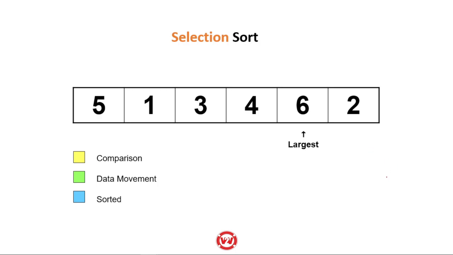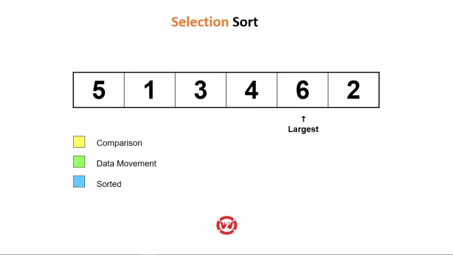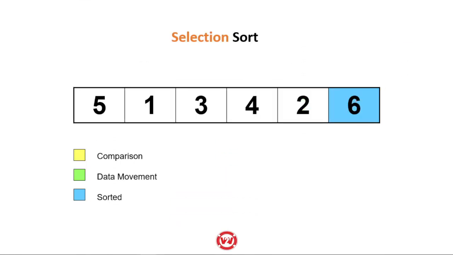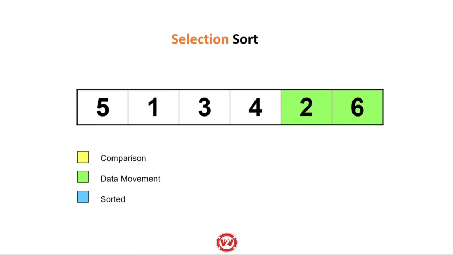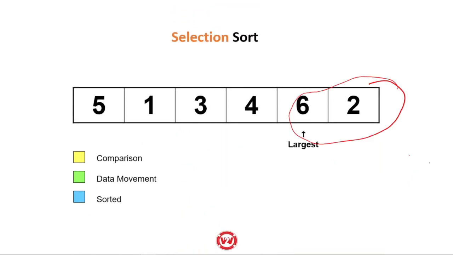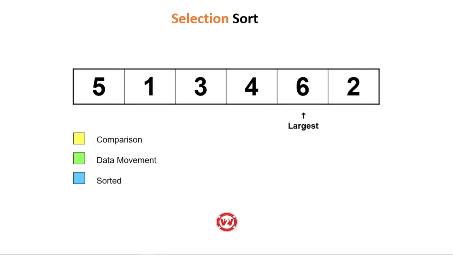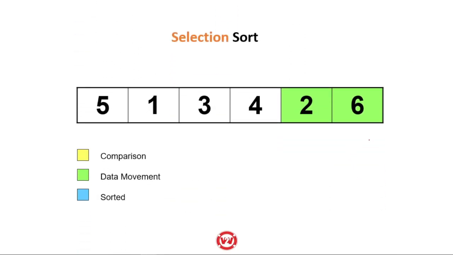If we check at this point, 6 is getting swapped with 2. Since 2 is at the end position and 6 is at the second last position, as a result of that, I am swapping 2 and 6. The result is this. 2 is getting swapped with 6.